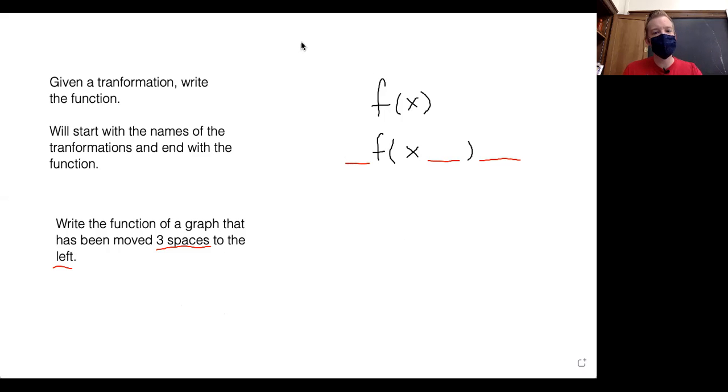So my function here, we can write as f of x + 3, and then close parentheses. And this right here would be my answer.